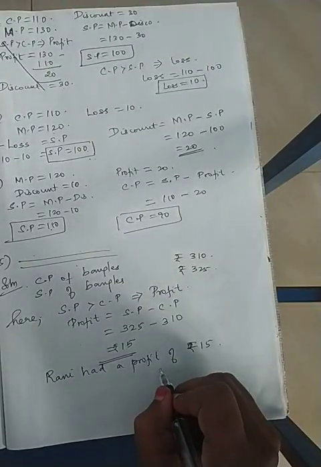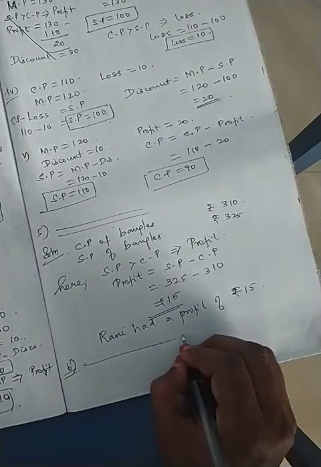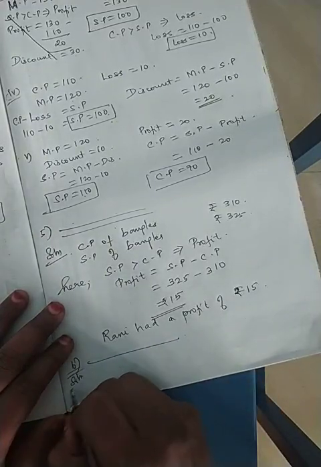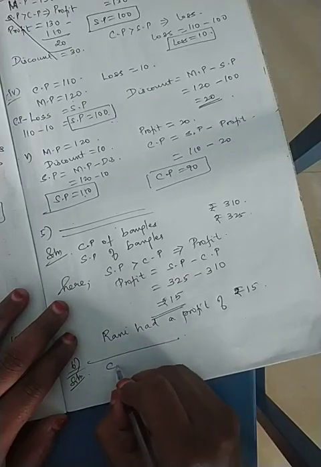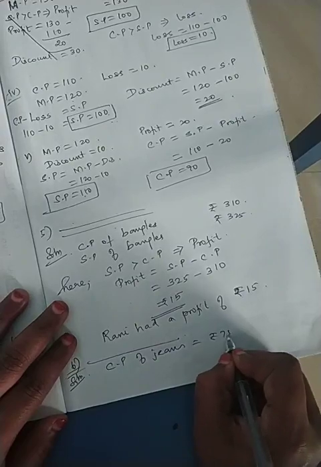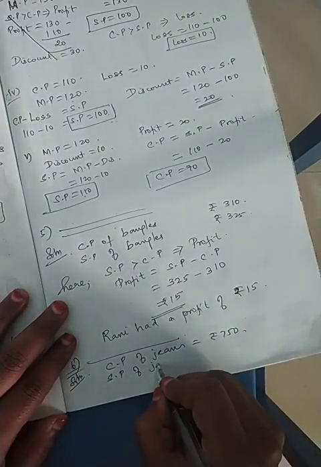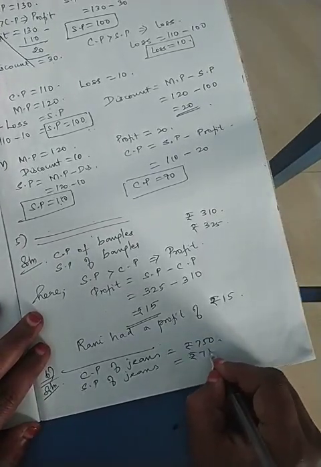So Rani had a profit of rupees 15. Now coming to the sixth problem. Write the problem, the line I draw is for writing the problem. Solution: Sugan bought the jeans. So CP of the jeans is rupees 750. Selling price of the jeans, because he wanted to sell it to his friend, is 710, because it is not fitting.